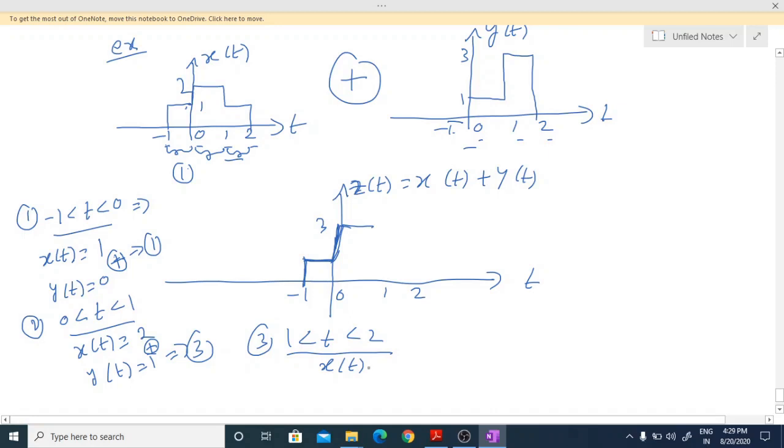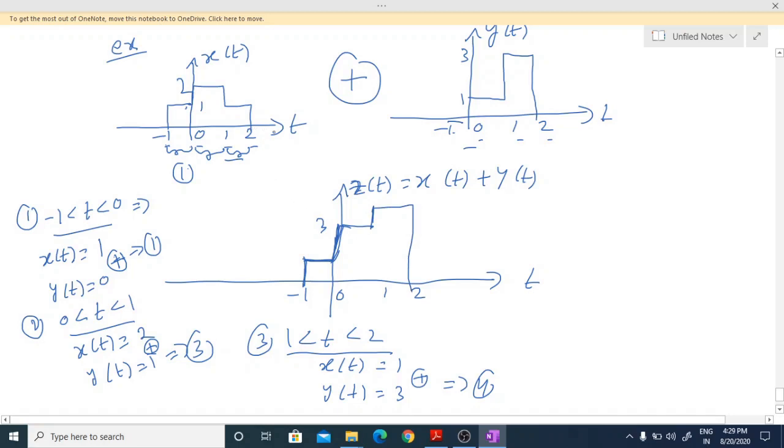So x of t equals 1, y of t equals 3. If I add these two amplitudes, we get 4. So we have to draw the amplitude value as 4 in between 1 to 2.